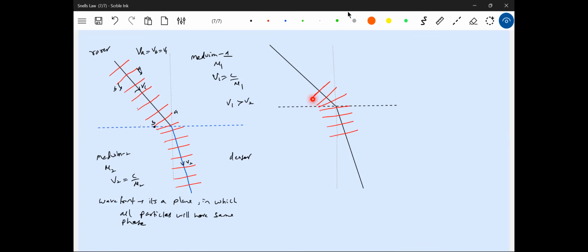Here the speed of the wave at points B and A will be the same. Very next moment, the speed of B will be less compared to A. In a given interval of time, A will cover more path and B less path, so the wavefront will bend.